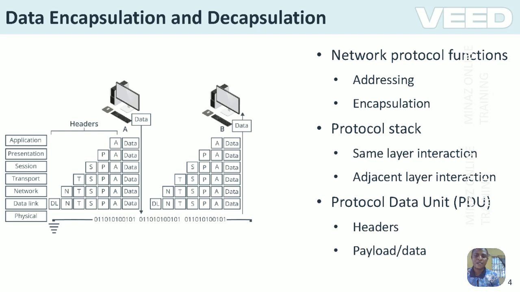But immediately you get to the transport layer, something is added to that data and converts the whole thing into segments. When you move to the network layer, another thing is added to the segment, converting the whole thing into packets. When you move to the data link layer, something else is added, another envelope, converting the whole thing to a frame.